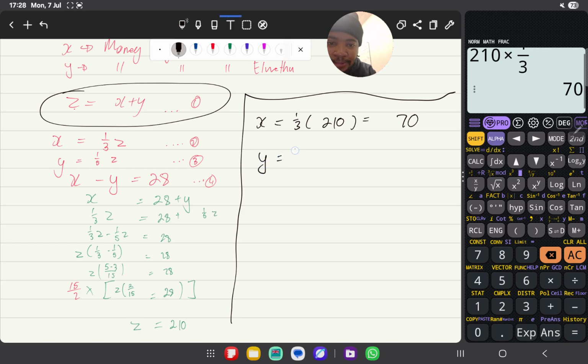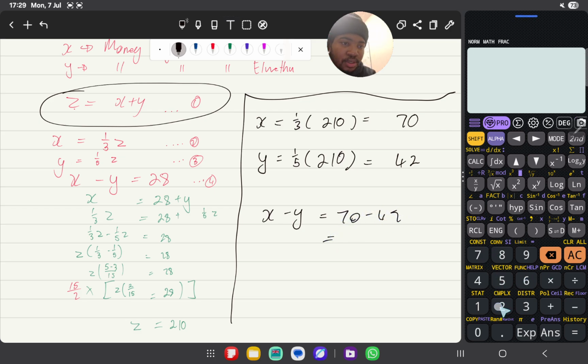And then y, it's 42, and then x minus y, which is 70 minus 42.